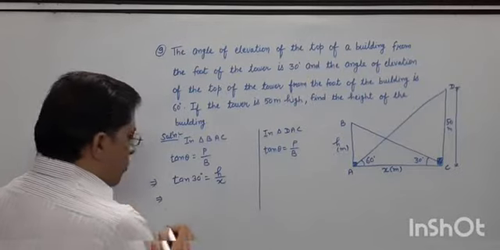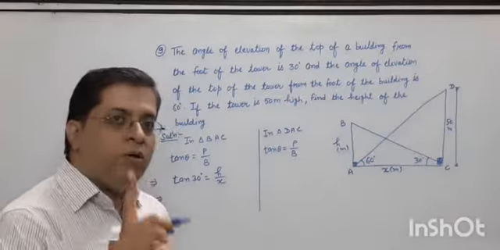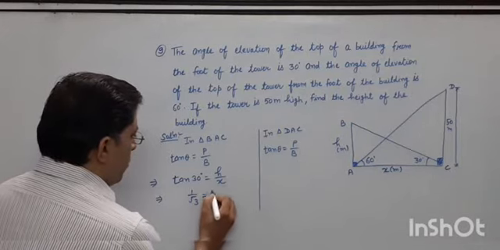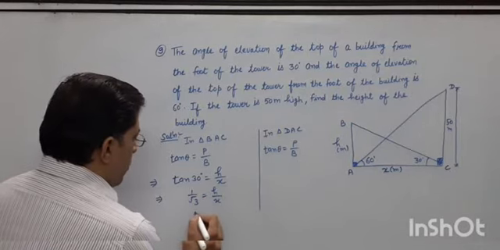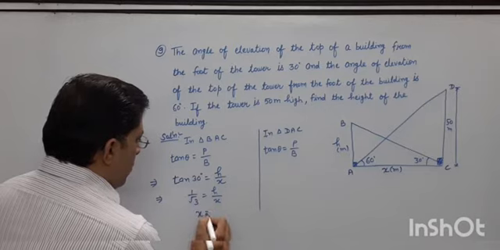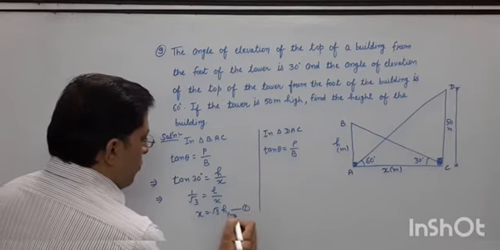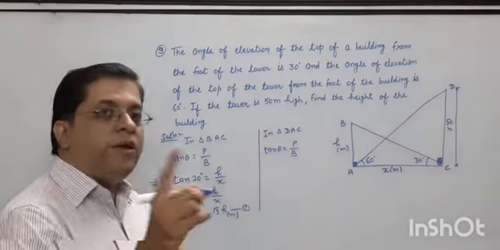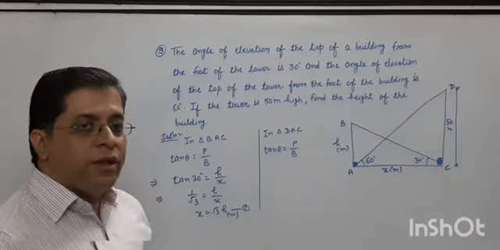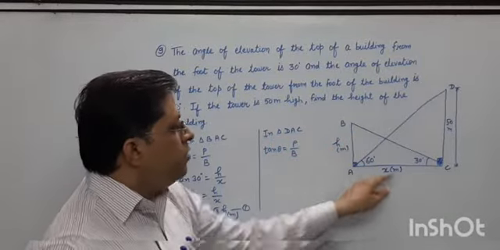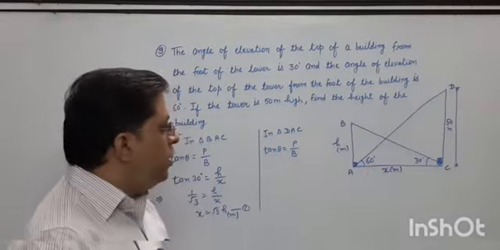Tan 30 is 1 upon root 3, so x is equal to root 3 into h meters. This is first. Then for tan 60 degree, I am going to take DAC, which is 60 degree.